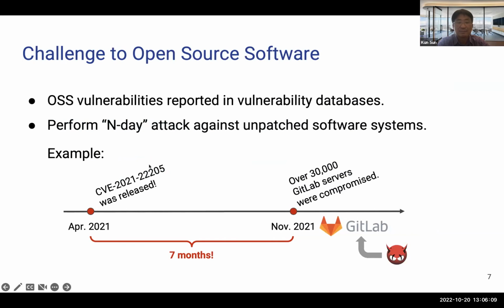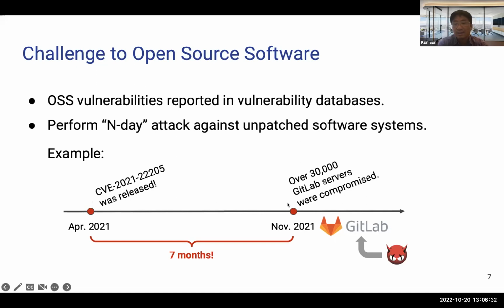This gives rise to the n-day attack. An n-day attack means that after a vulnerability is reported, and some patch may be provided, the vulnerability is not immediately fixed.